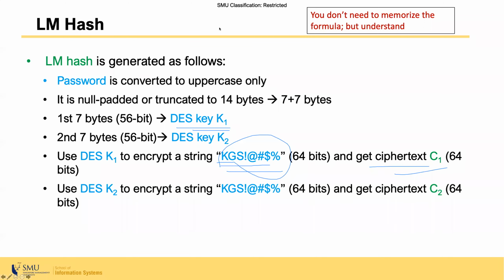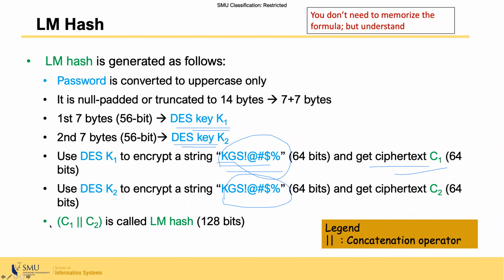Next, it uses key 2 to encrypt the same literal string, which has 64 bits, and you will get a ciphertext C2.